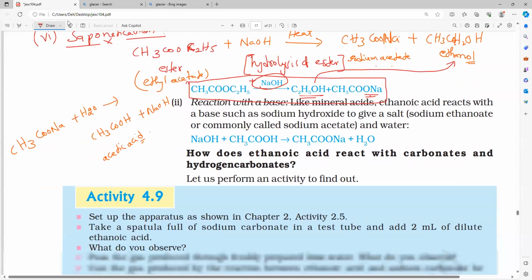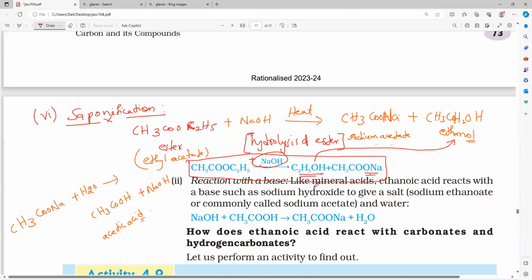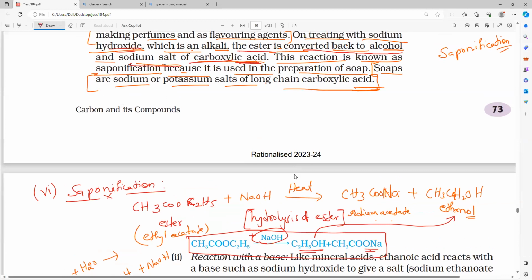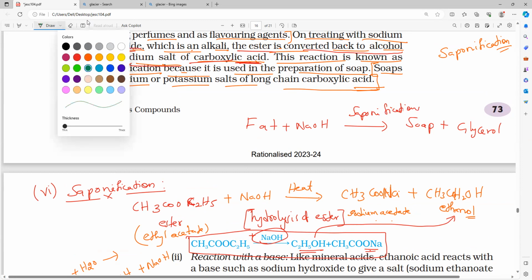Tomorrow we'll study how soap is made, but now I am telling you: fat plus NaOH reacting, we get soap plus glycerol. This is the common equation for saponification, the manufacturing of soaps, like the body soaps we use.